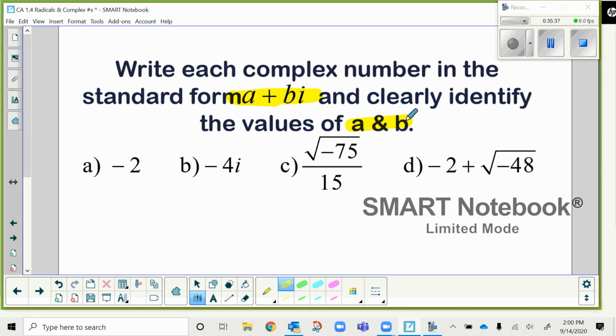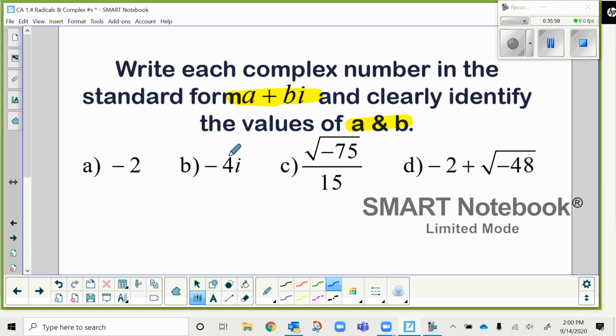Now, if you look at the a example, it's just a -2, okay? And you might be like, she just said we're going to write a plus bi. I don't know how that's going to happen. So let me tell you. -2, we talked about in the last unit, okay?